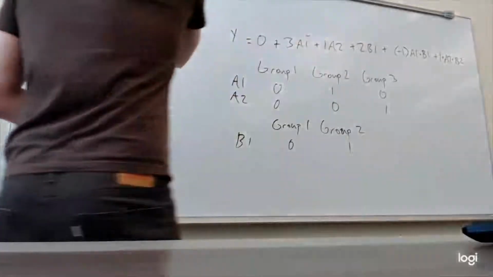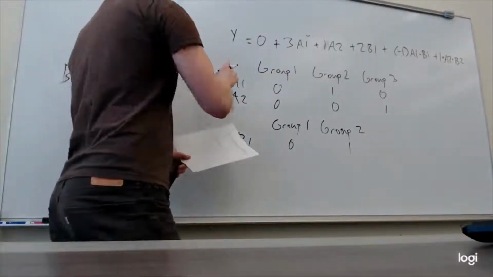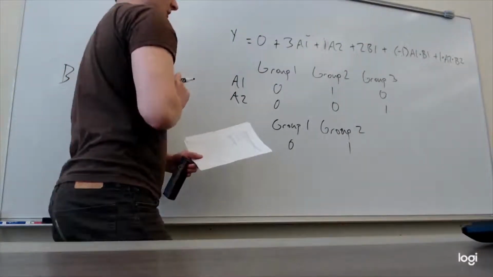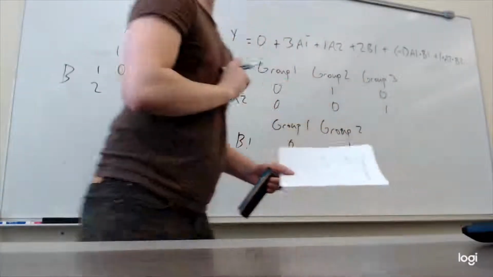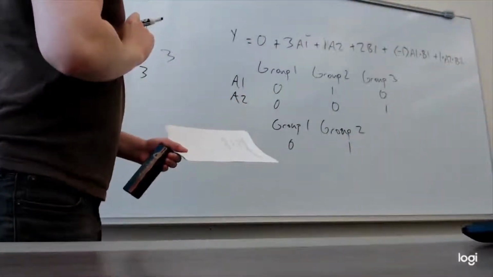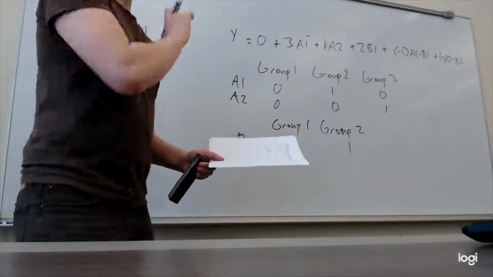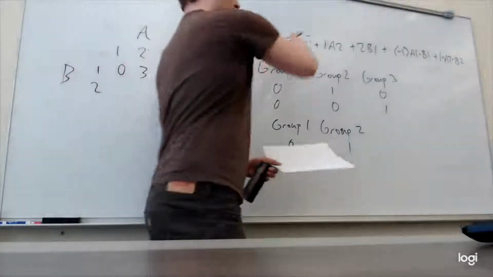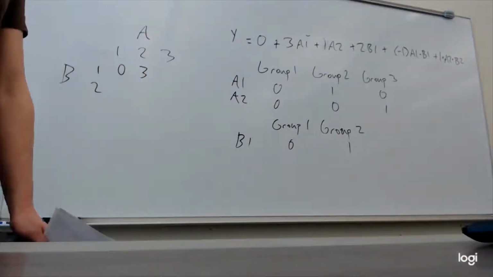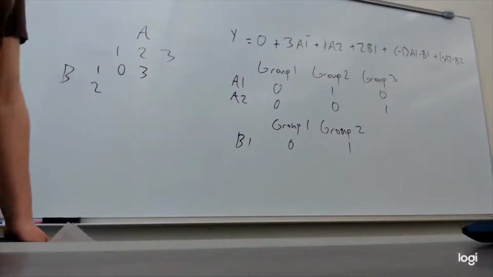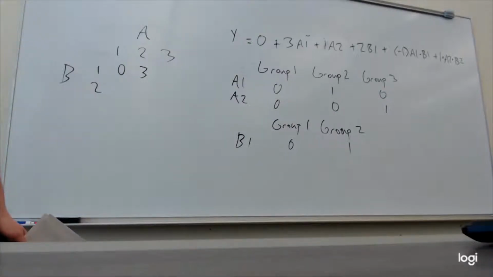Let's try another. A2 tells me what happens as I go from group 1 to group 3. So someone used that information combined with these coefficients up here to fill in another mean. So would it be 1? What would be 1 exactly? B1, A3?